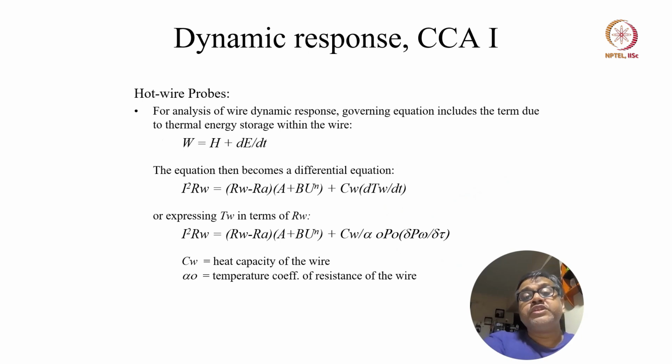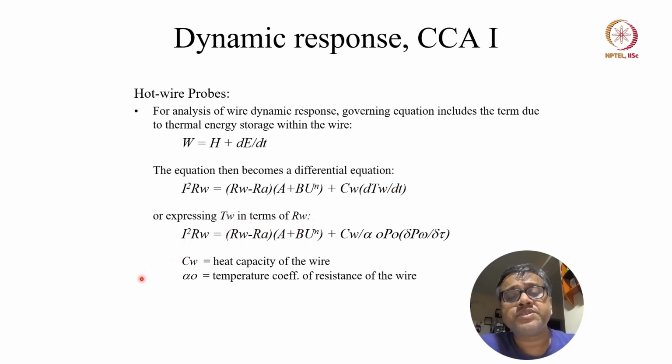So what is the dynamic response? The dynamic response is an important part. For the analysis of the wire's dynamic response, look at the governing equation, which now includes the term due to thermal energy storage within the wire. This is the expression. The equation becomes a differential equation, as you are substituting mCp(T), expressing TW in terms of RW.